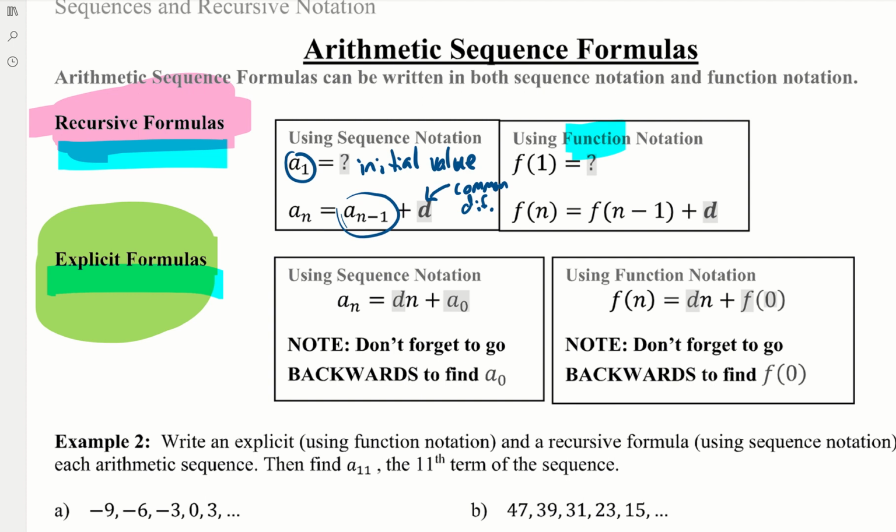This is kind of a weird idea. It is the number before the initial value. I usually like to think of it as your 0th entry, but it's kind of a weird concept. When we are looking at a pattern of numbers, we're not typically given the n-1 entry. Rather, we have to go backwards and figure that out.